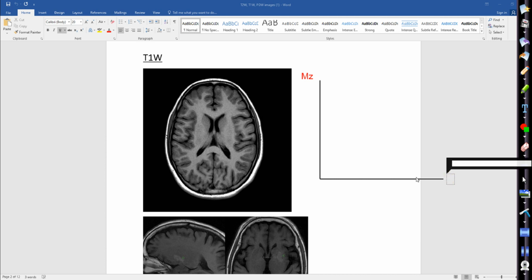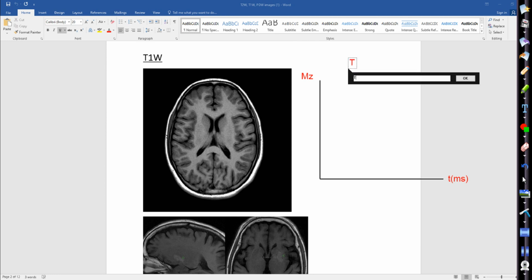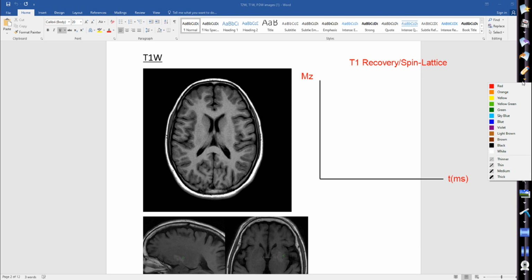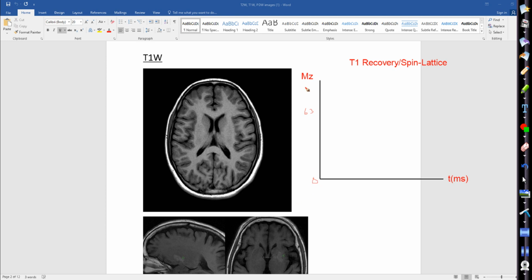And then our x-axis, any different? Time, and it's in milliseconds. And then how do we title our graph? T1 recovery. Okay. Or spin. Right. So I'm going to do, we consider tissues fully recovered at 63%. 0 and 100.